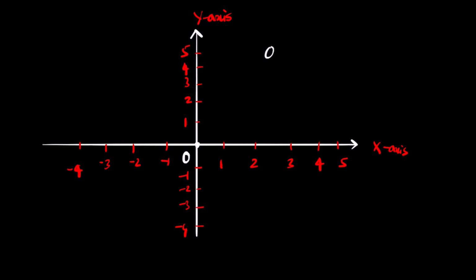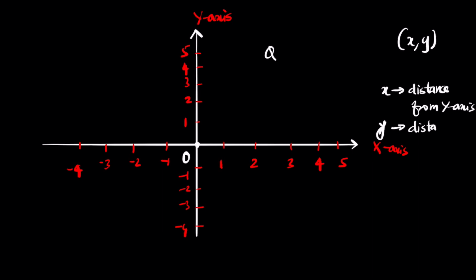All of the points in quadrant 1 are written in the form of an ordered pair x comma y. Here x represents the distance from the y-axis, and y represents the distance from the x-axis.